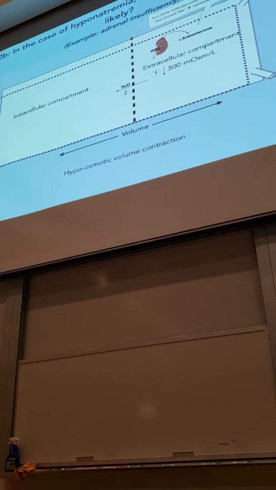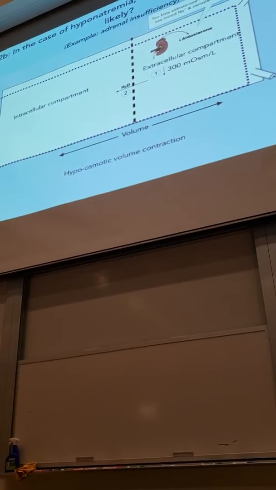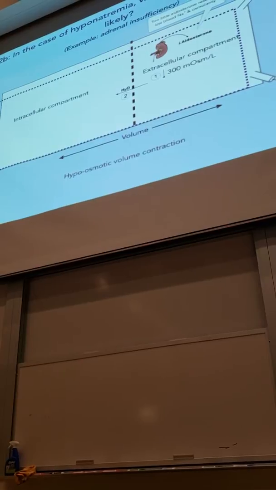Here is a picture that illustrates that. Step one, the first thing we're describing, is a change in the osmolarity, it goes down. Water moves from outside to inside of our cells.